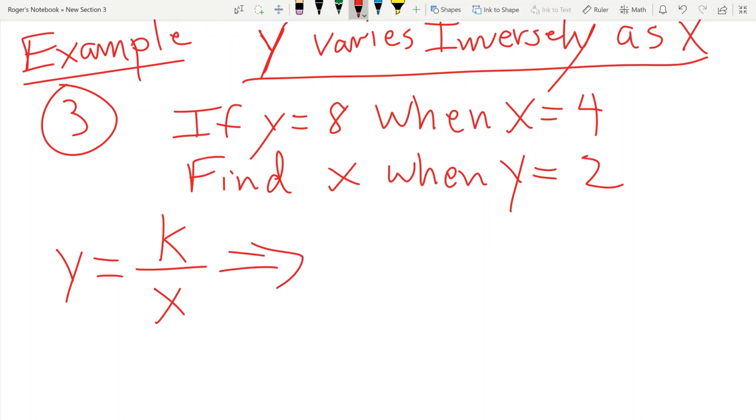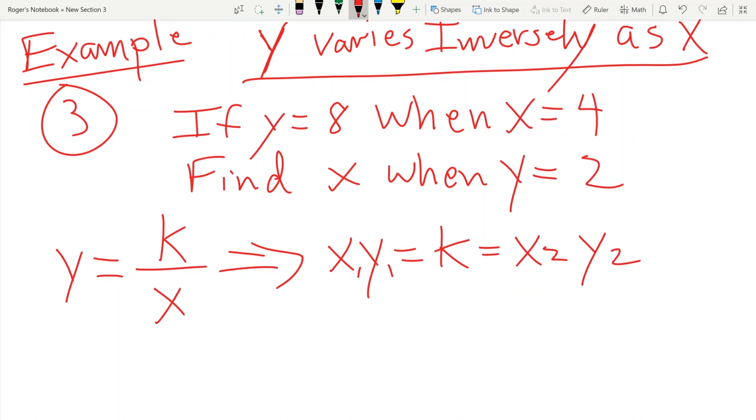We get that x times y is equal to k, which is, if I can put ones on those, also equal to x2 times y2. So let's fill in our numbers now. In fact, let's not fill in our numbers.